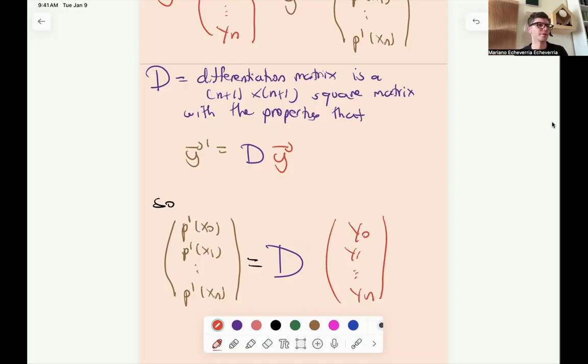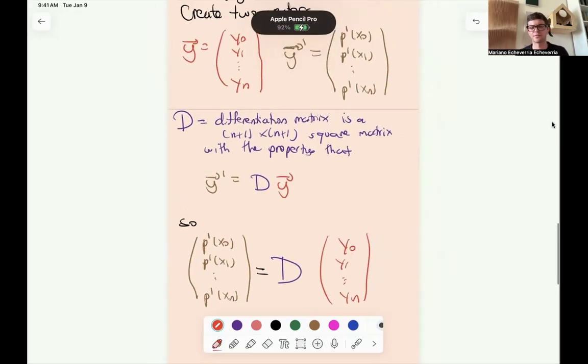But I just want to make sure the concept is clear. It is a matrix that you can use to find the values of the derivative of the polynomial at these particular nodes.